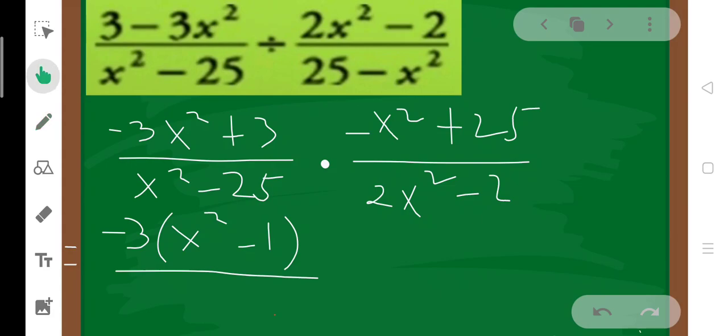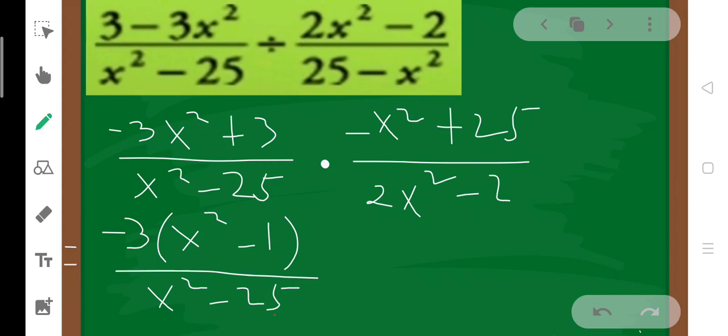Okay, x squared minus 25 is factorable, but I would not factor this denominator, x squared minus 25, since there is a common polynomial here in the numerator of the other rational algebraic expression. So I just copy x squared minus 25.